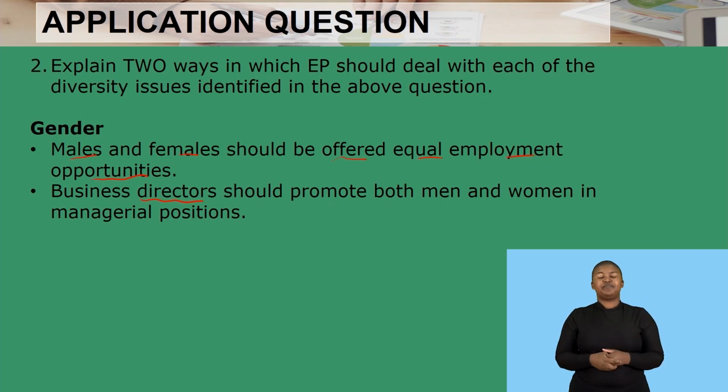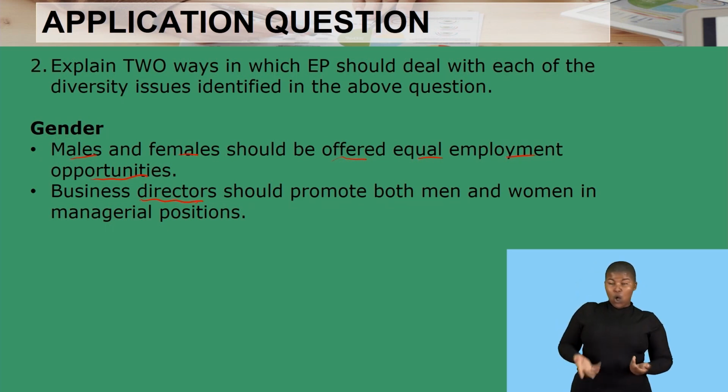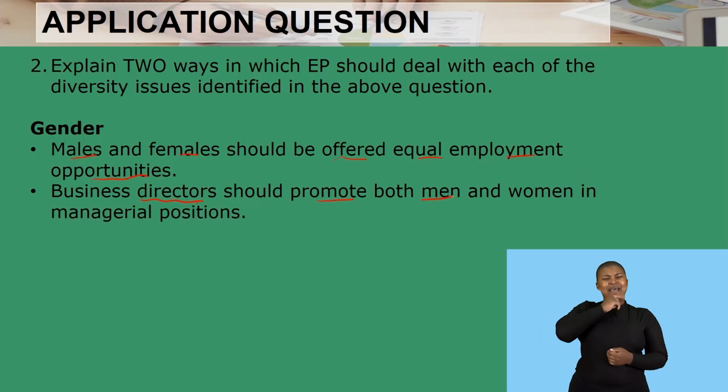So directors of El Sabe, keep this in mind. You're advising them, because you are failing, this is what you should know: if in your director positions you only have females or only have males, you are doing it wrong. You should make sure that you promote both men and women into managerial positions.